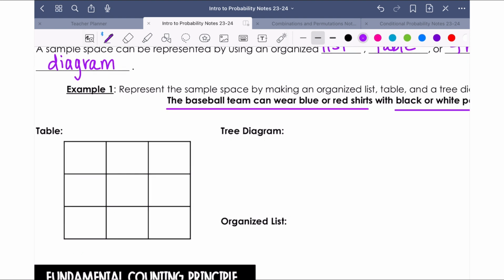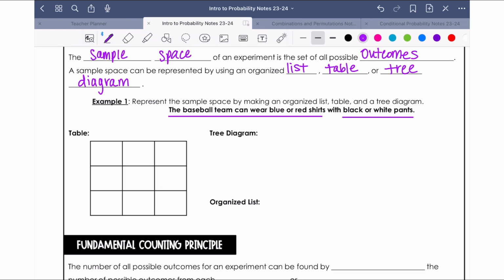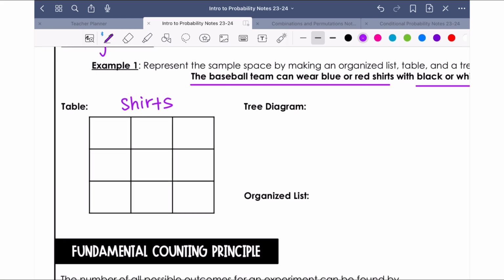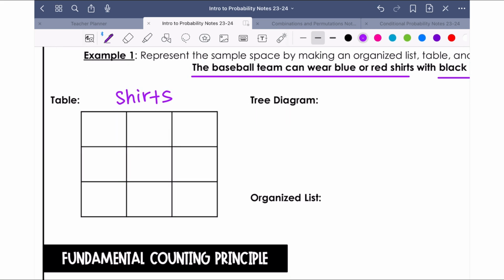what are the two things that consist of this uniform? Well, we have shirts. I'm going to put that up here. Shirts. And then we have pants. So just turn your paper sideways. We have shirts and we have pants. Okay, and then what color shirts can they wear? They can wear blue or red.